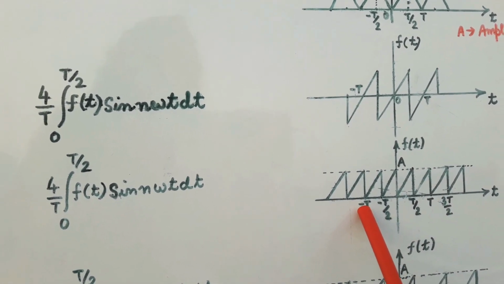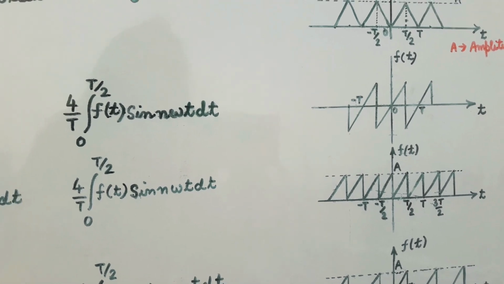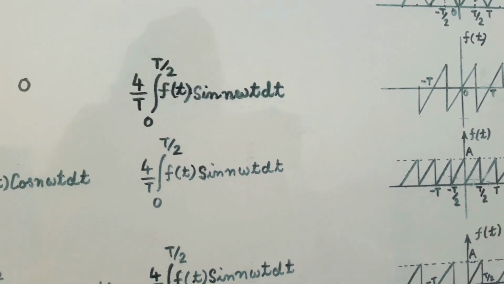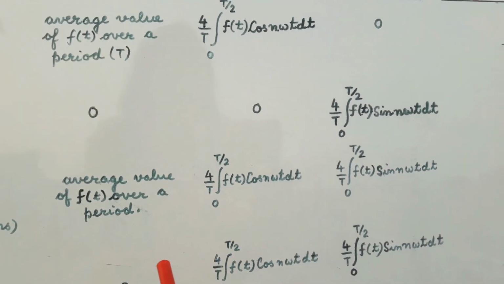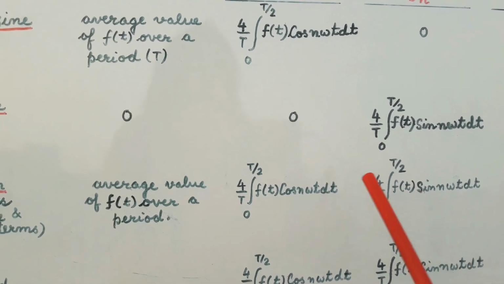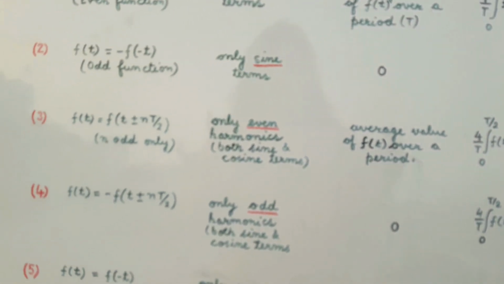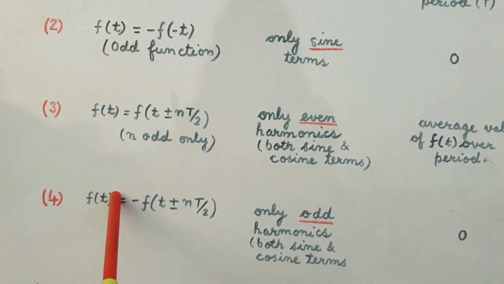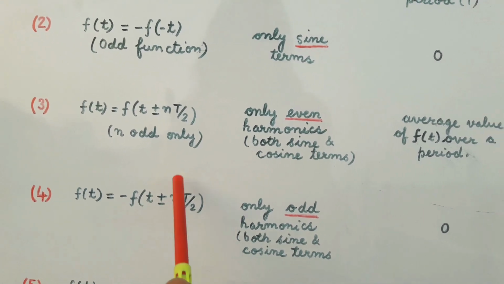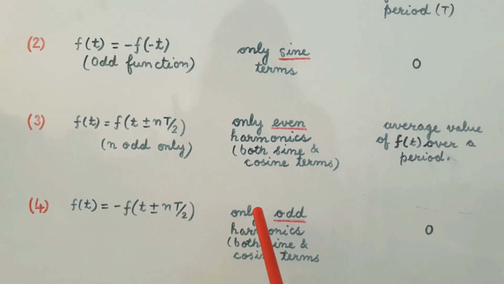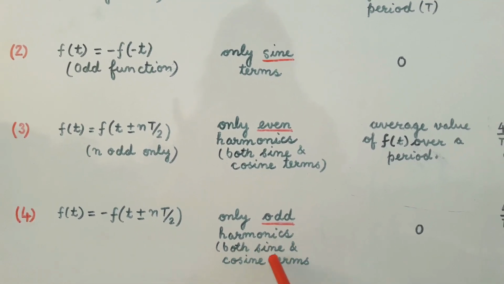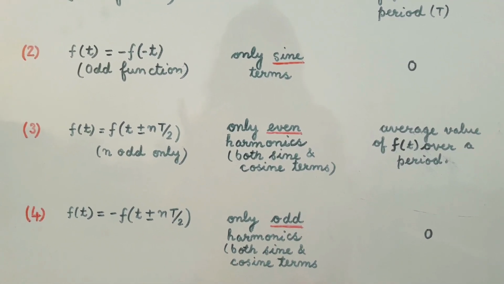So, in this case we will have to find out all the 3 Fourier coefficients using the formulas as shown in the table. Now, the fourth condition for symmetry is that if f(t) is equal to -f(t plus or minus T by 2), then the function will contain only odd harmonics, both sine and cosine terms will be present.